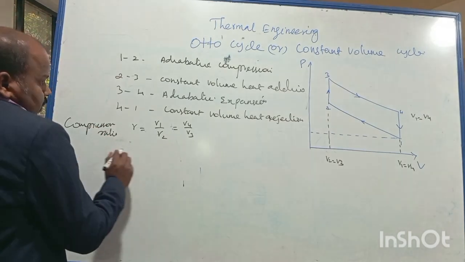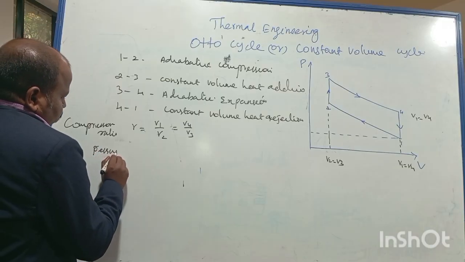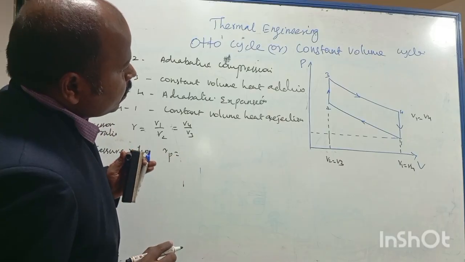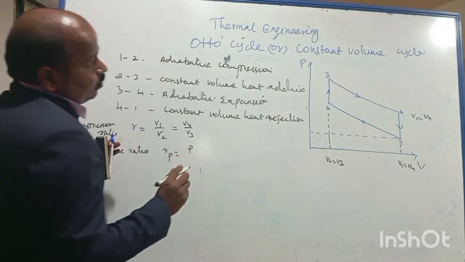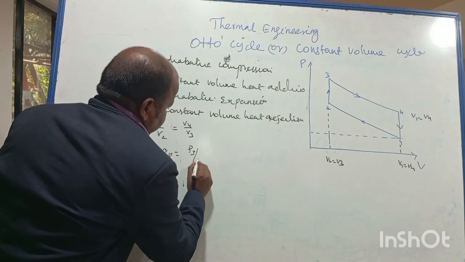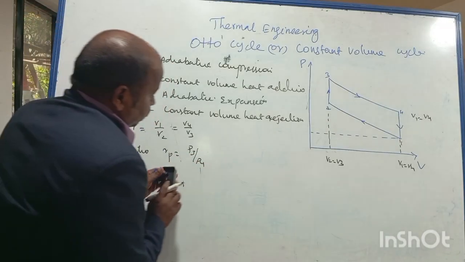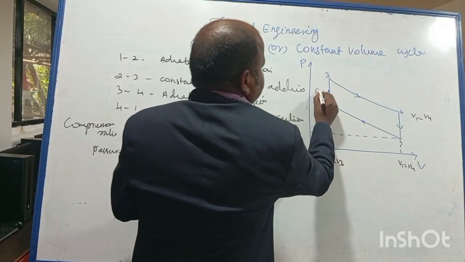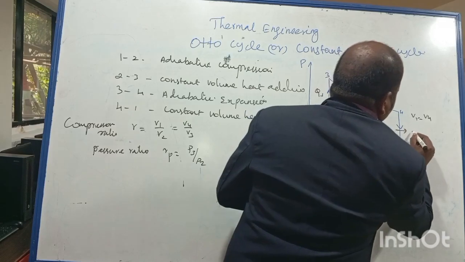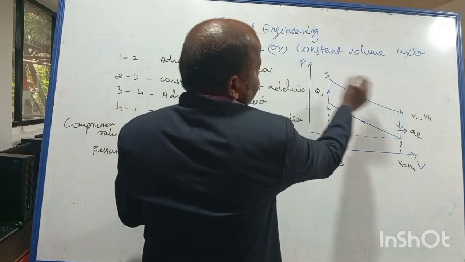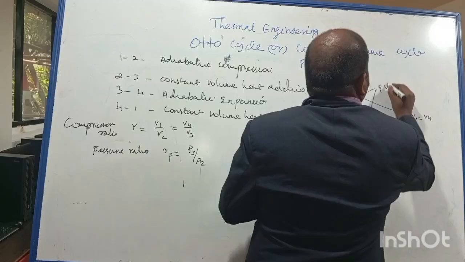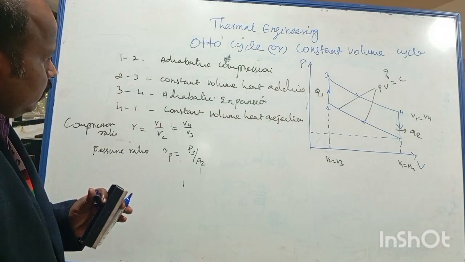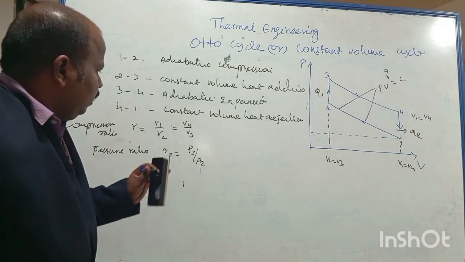Another parameter is the pressure ratio, rp, which should be equal to P3 by P2, which happens during the 2 to 3 process. Here this is heat addition, that is Qs. This is QR. And 1 to 2 and 3 to 4 follow the law PV^gamma equals constant, that is the adiabatic process. These are some basic definitions.